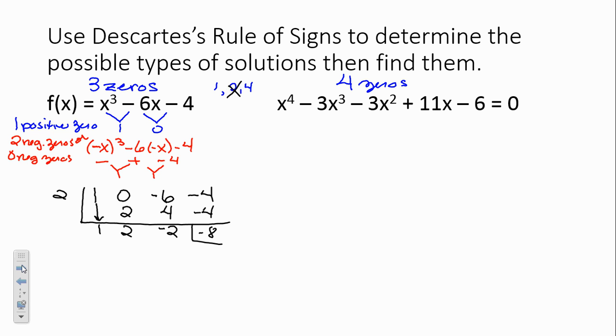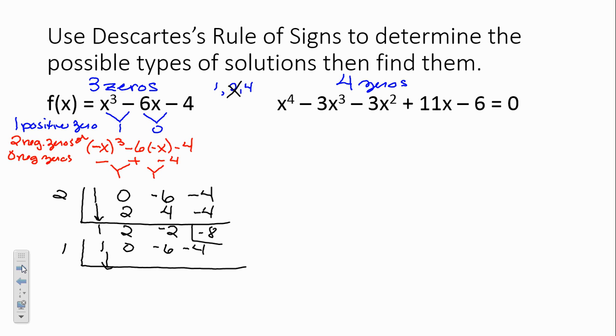What do we want to try next? Got a 50-50 shot. Who wants to pick it? 1. Let's try 1 next. Put the 1 out in front. Same numbers. 1, 0, negative 6, negative 4.